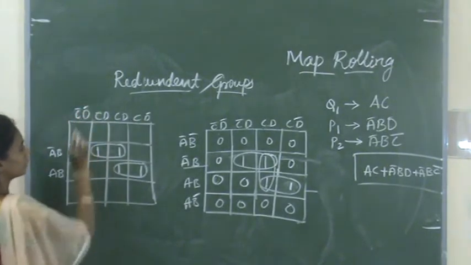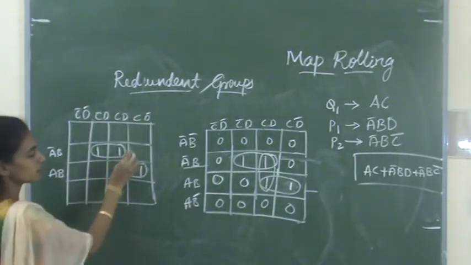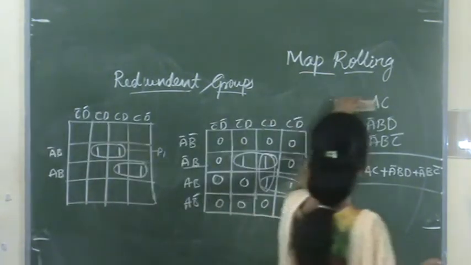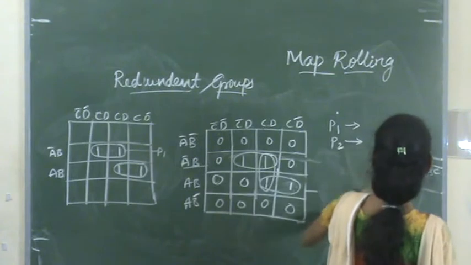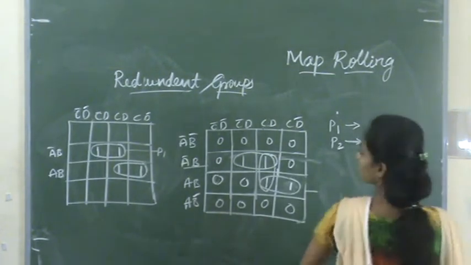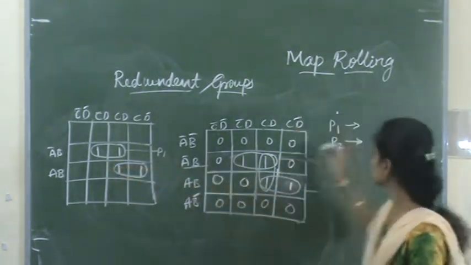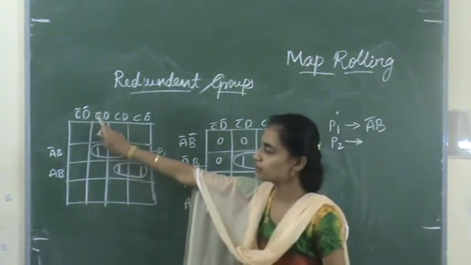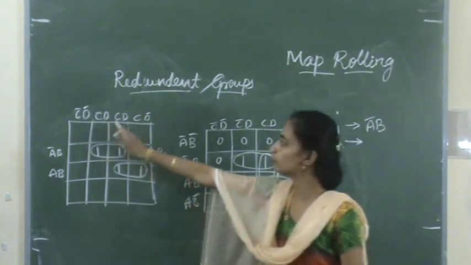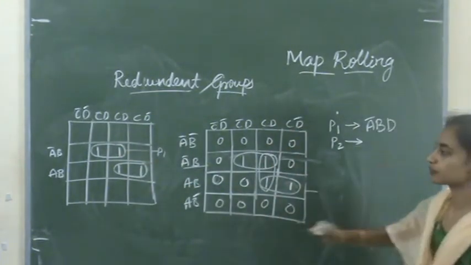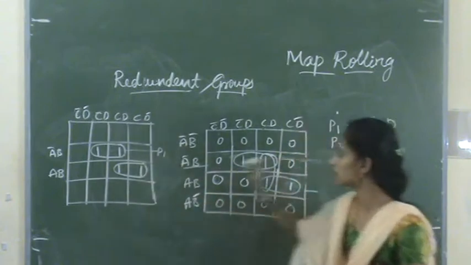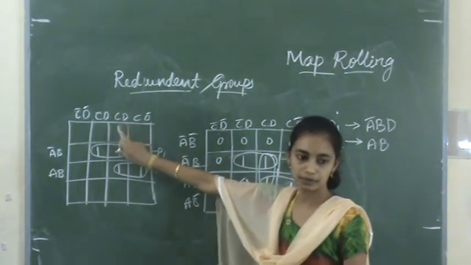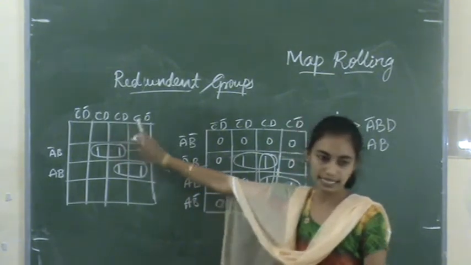right. So if I take this as pair 1, what is the value for pair 1? For pair 1 we have A bar B and we have C bar C becomes 1 and we get only D. Again here AB is common. So for this D bar becomes 1, we will get only C, right?